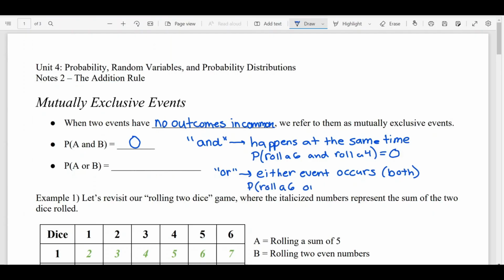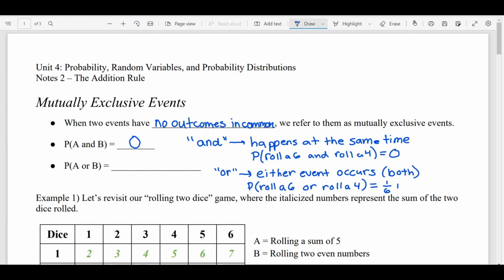So let me put that in some plain English here. The probability that I roll a 6 or roll a 4. How do I figure out that probability? Well, we just said they can't occur at the same time, but we can have one or the other. And to find that probability, we're just going to add up the individual probabilities together. The probability that I roll a 6 is 1 out of 6.